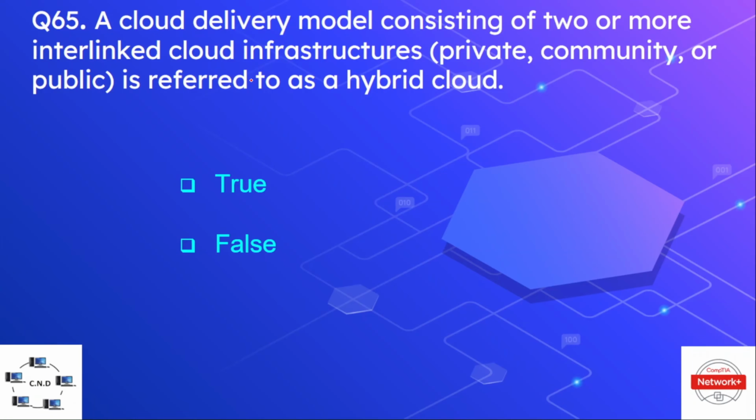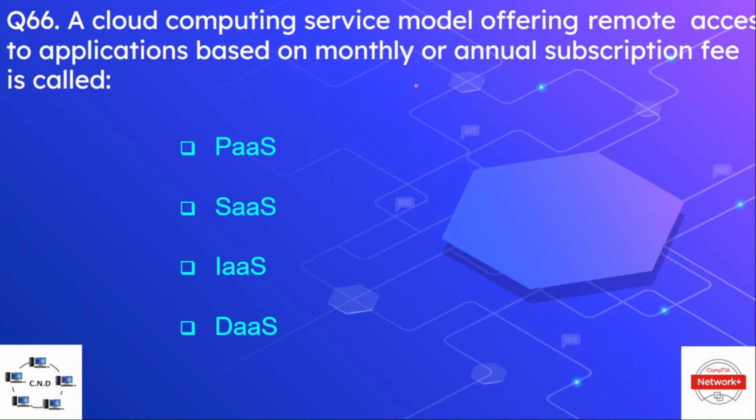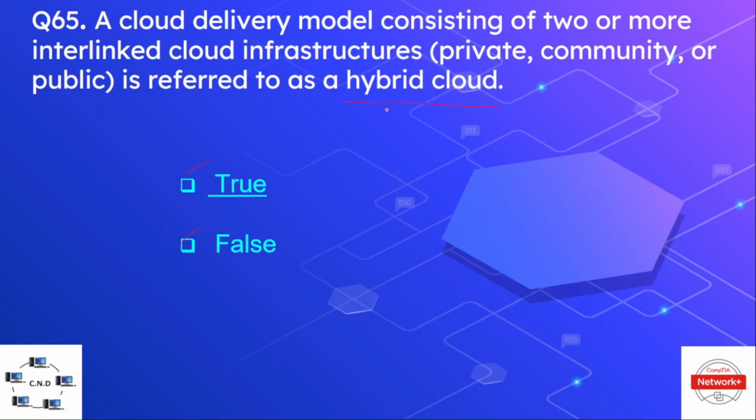Question number 65 is that a cloud delivery model consisting of two or more interlinked cloud infrastructures, that is private, community or public, is referred to as hybrid cloud. The options are true or false and the correct option is true. So when a cloud consists of more than one type of cloud infrastructure, then this cloud is known as hybrid cloud, such as private plus public.